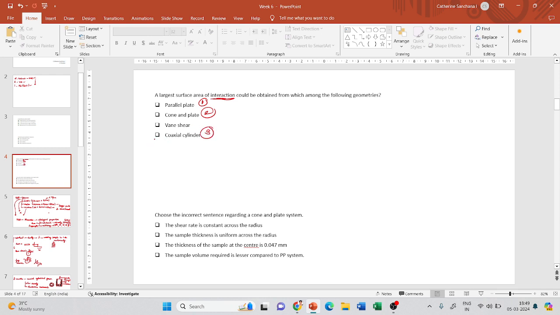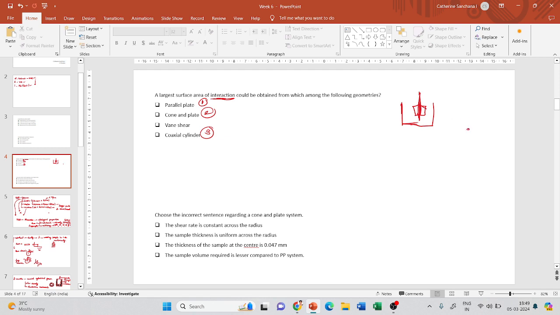A vane shear test, let us forget about this vane shear. We do not use a vane shear for bitumen. But if you see a vane shear, it will have a cup, and it will have one geometry with vanes like this.